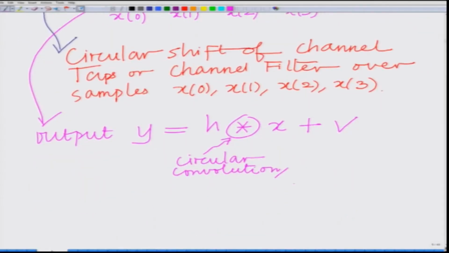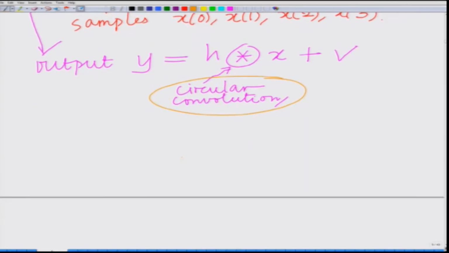Therefore, because of the addition of the cyclic prefix, the action of the channel on the input symbols represents a circular convolution, and the output Y is the circular convolution of the channel filter H with the samples X plus the noise. This is the important point. By addition of the cyclic prefix, we have converted the output of a channel into a circular convolution. Why is the circular convolution arising?